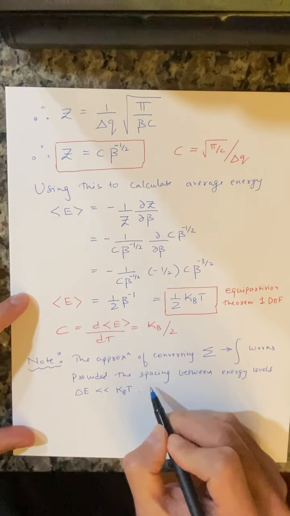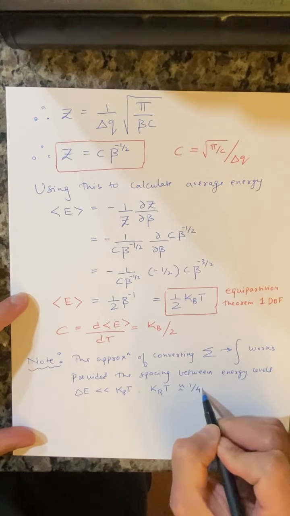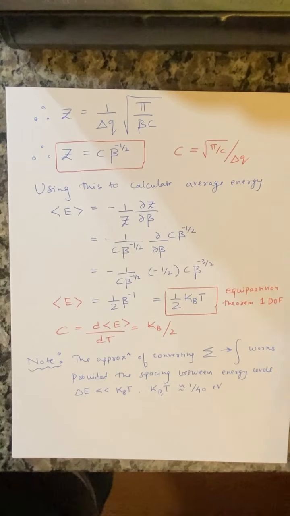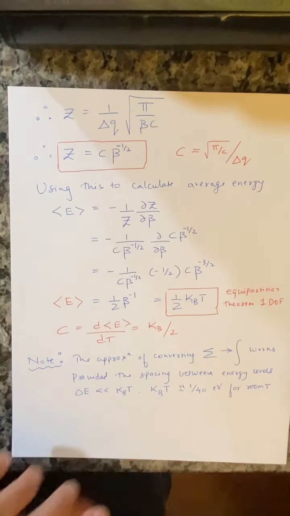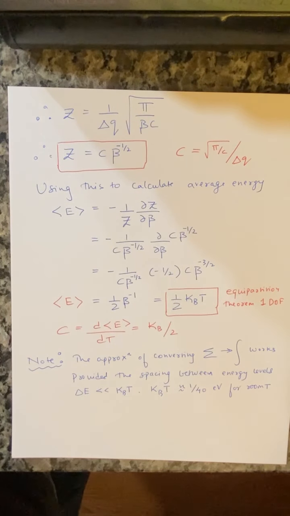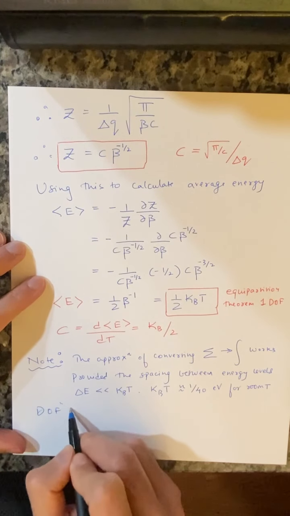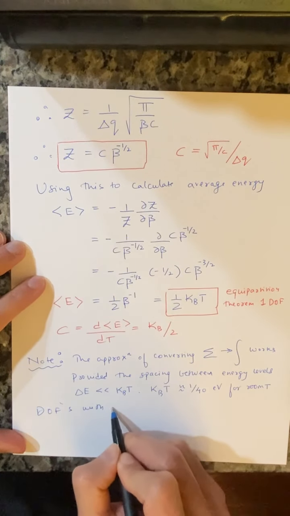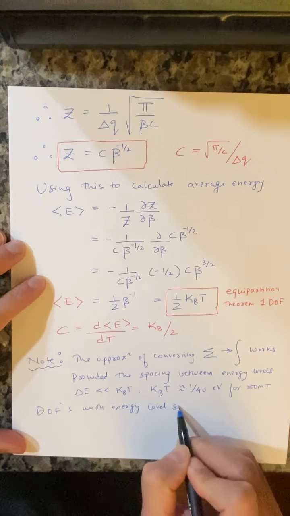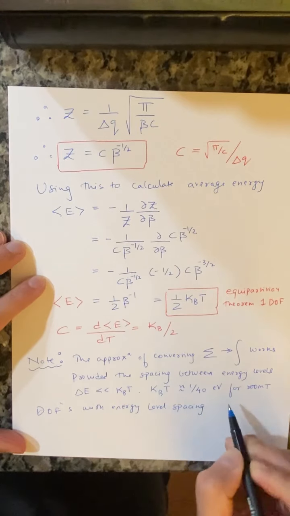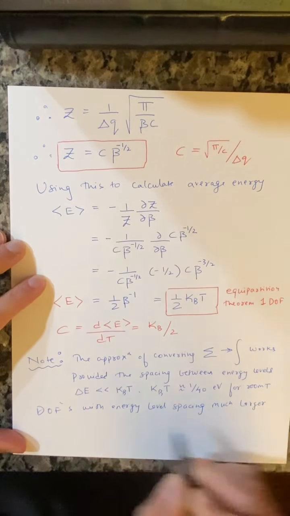Think about this. Approximately KBT is 1 over 40 eV for room temperature. So anytime, in this case, degrees of freedom or DOFs with energy level spacing much larger than this are anyway frozen.